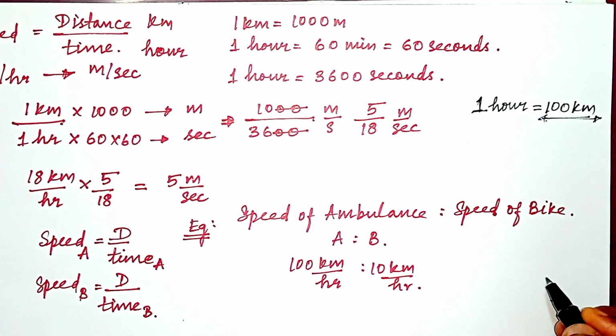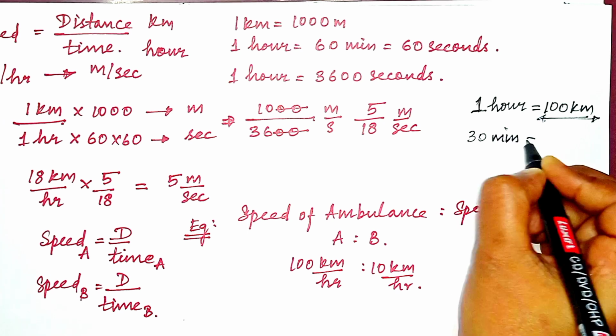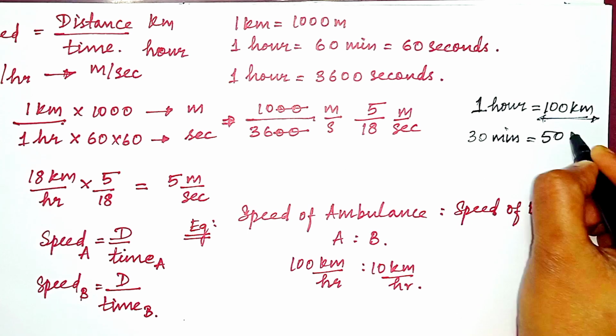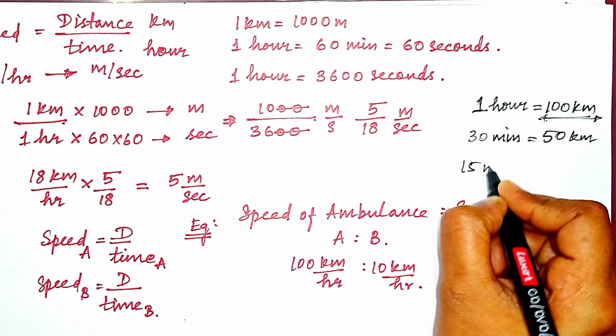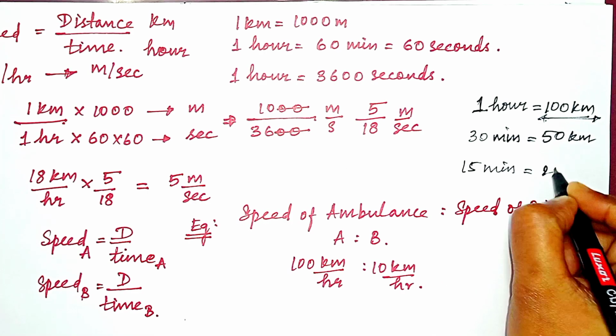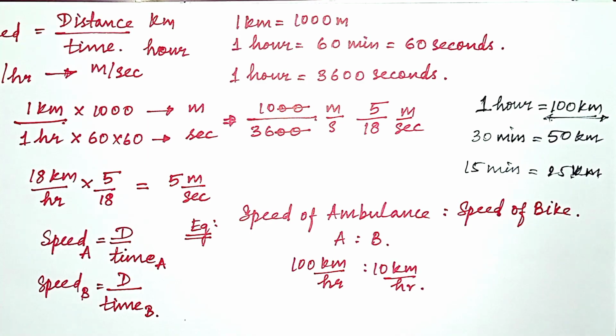Roughly, when questions ask how much distance it can cover in half an hour, that is in 30 minutes, you can directly calculate it as 50 kilometers. And for 15 minutes, again another half, 25 kilometers.